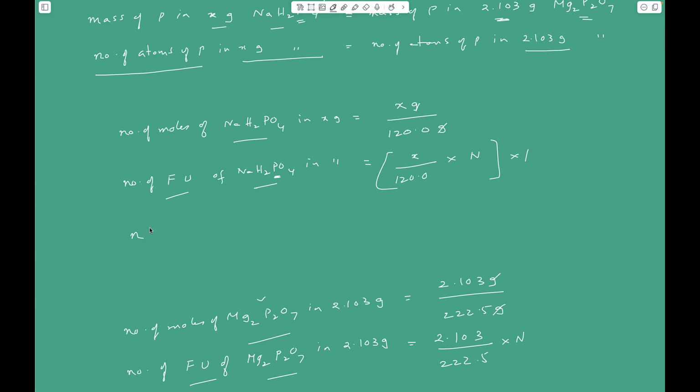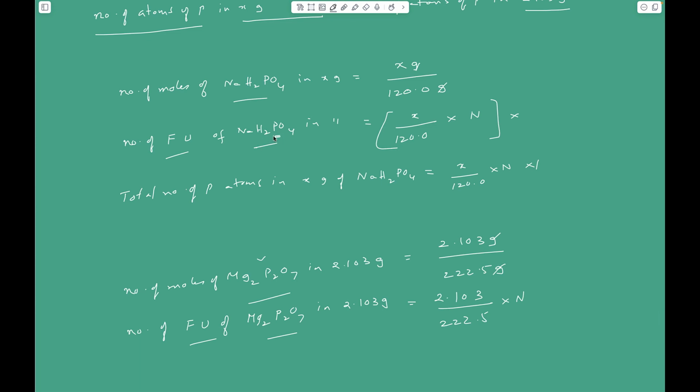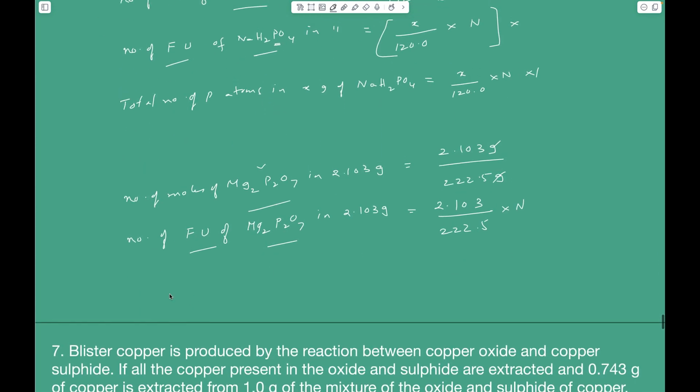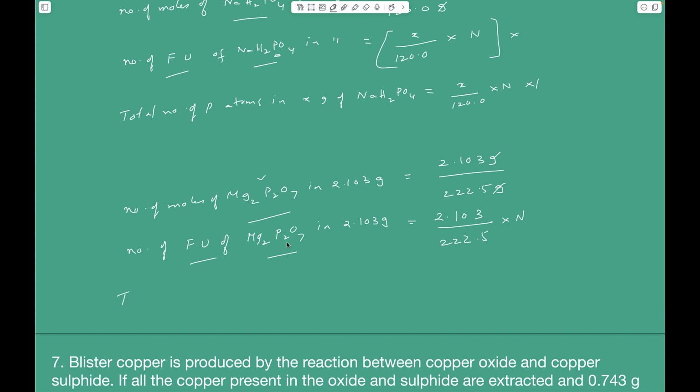So the total number of phosphorus atoms in x grams of monosodium phosphate is x over 120.0 times N times just 1, because per formula unit there is only one phosphorus atom. Now what about this? In each formula unit here we have two phosphorus atoms and you have so many such formula units.